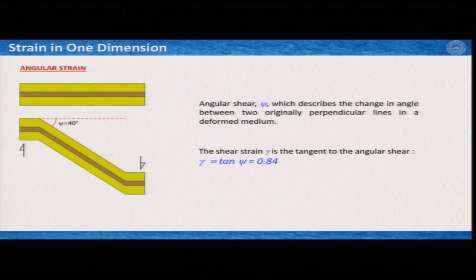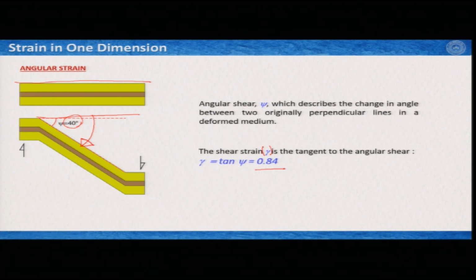So what we see here, this was the line, and then it is deviated this way. So this angle, in this case 40 degrees, so the angular strain, which is known as shear strain, and we generally call it gamma, is the tangent of this angular shear angle. So in this case, because this is 40 degrees, it is 0.84.